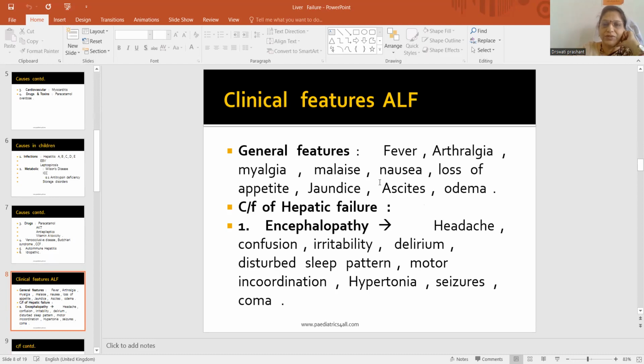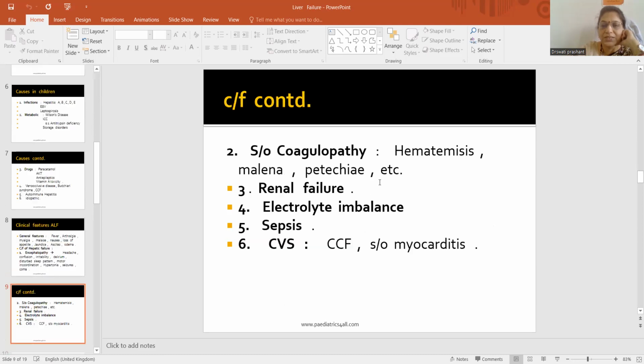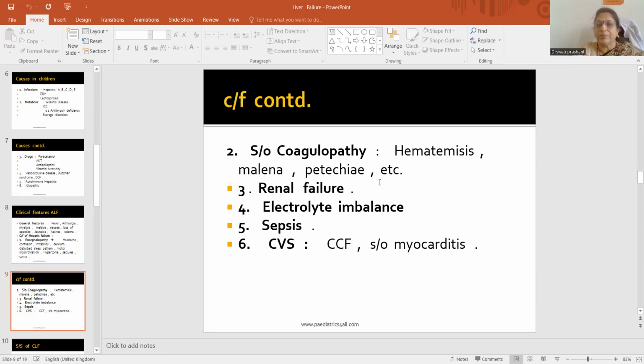Clinical features of acute liver failure include general features, that is fever, arthralgia, myalgia, malaise, nausea, loss of appetite, jaundice, ascites, edema, etc. Clinical features of hepatic failure especially are encephalopathy, which gives headache, confusion, irritability, delirium, disturbed sleep pattern, motor incoordination, hypertonia, seizures, coma, etc. Signs of coagulopathy like hematemesis, melena, petechiae, etc., renal failure, electrolyte imbalance, sepsis, and the cardiovascular system gives history, see features of congestive cardiac failure or myocarditis.